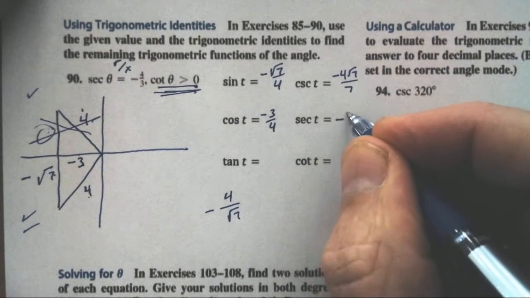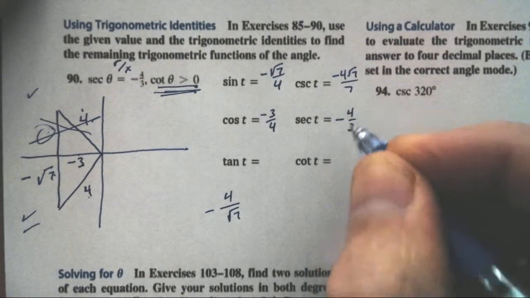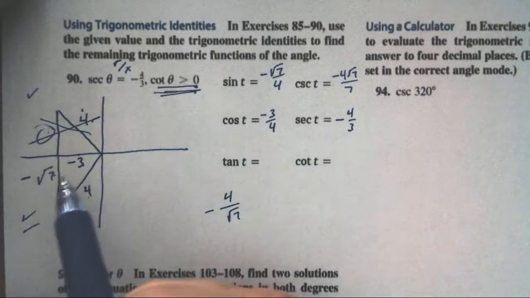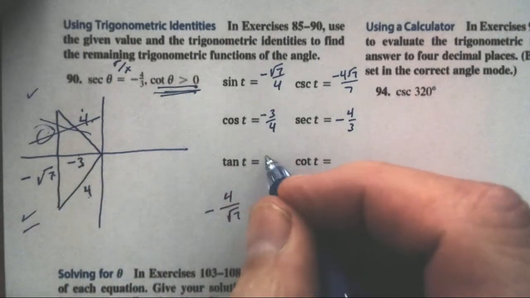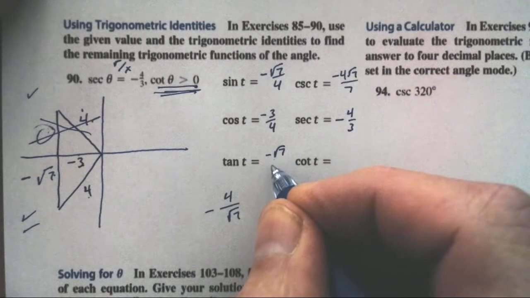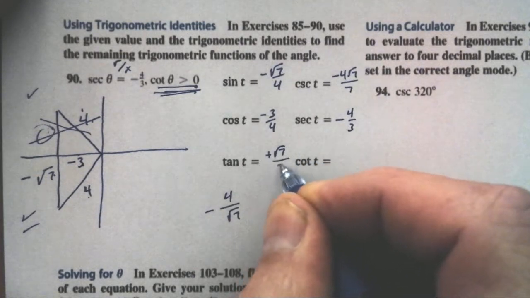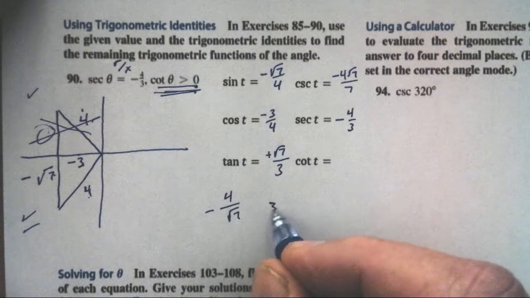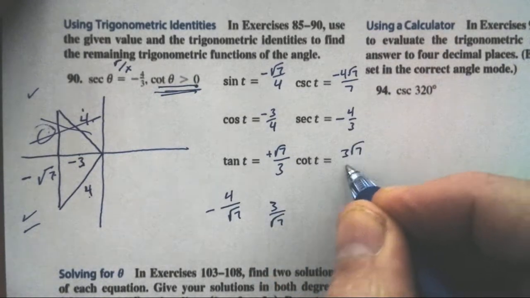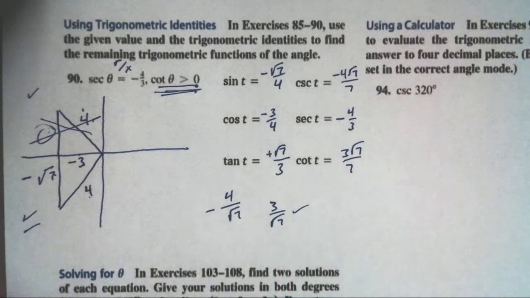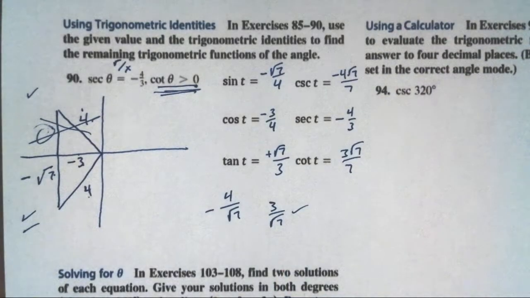Secant, reciprocal, negative 4/3. Tangent, y on x, negative square root of 7 on negative 3, so positive square root of 7 on 3. Cotangent wants to be 3 on square root of 7, or 3 square root of 7 on 7 when we rationalize that. So just more of the same.